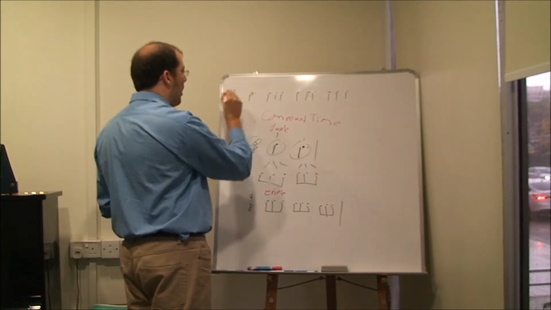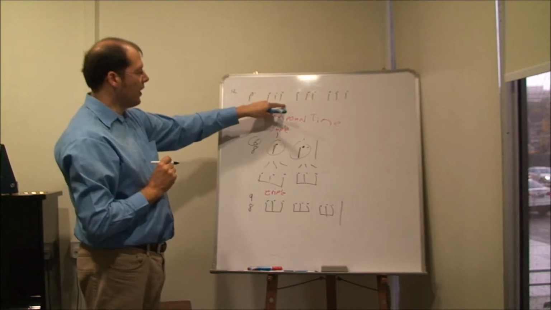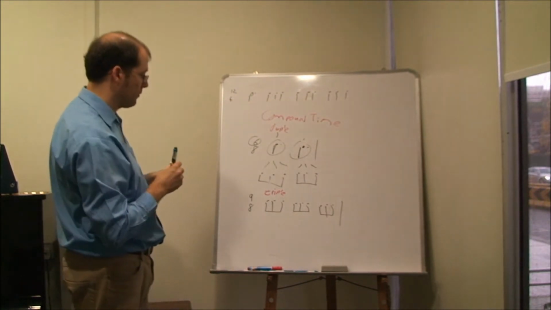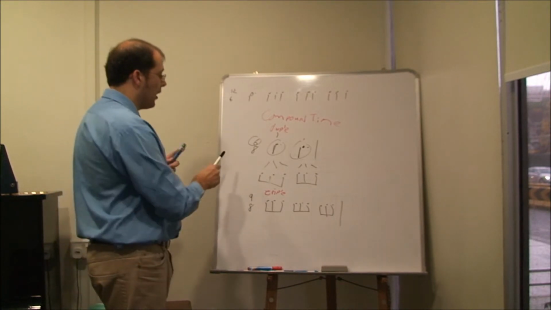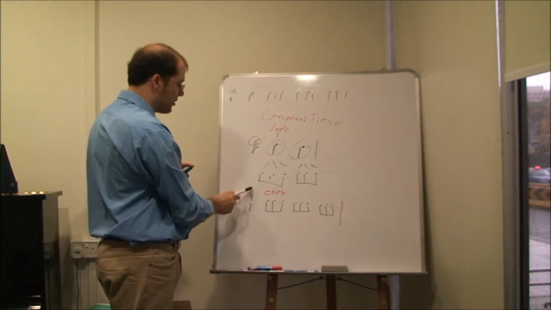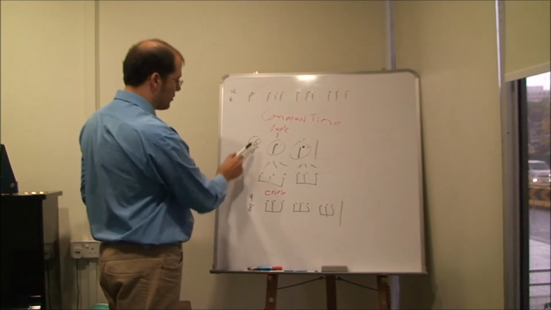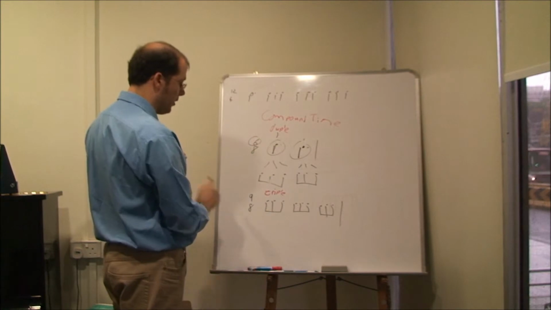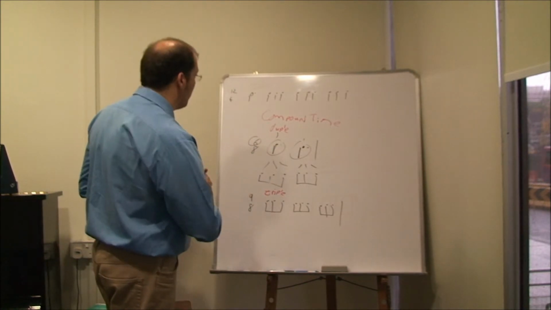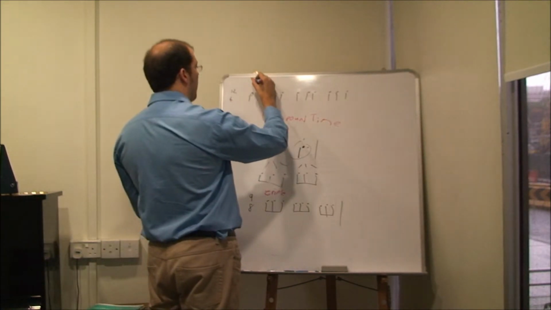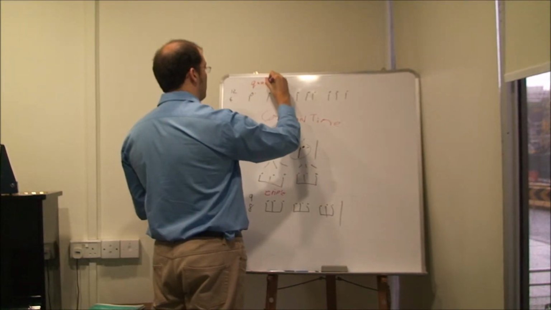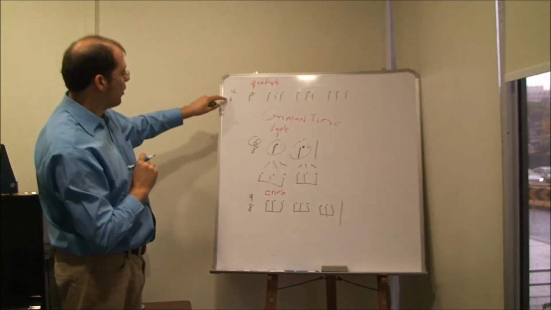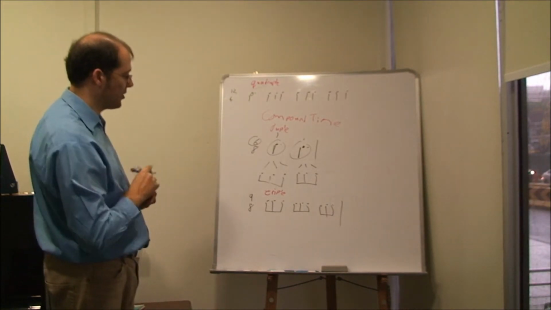So now we have 12, but it's not 12, 8, it's 12, 4. What's important to notice is that it's the top number that's telling us that it's compound time. 6 is compound duple, 9 is compound triple, and 12 is compound quadruple. And then the bottom number tells us what each subdivision is, not the beat itself.